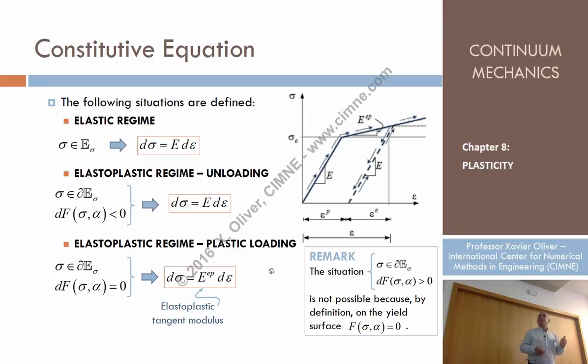So now, look, we are mimicking the behavior that we have observed in the uniaxial tests. The material can load and unload in a reversible manner in the elastic branches.